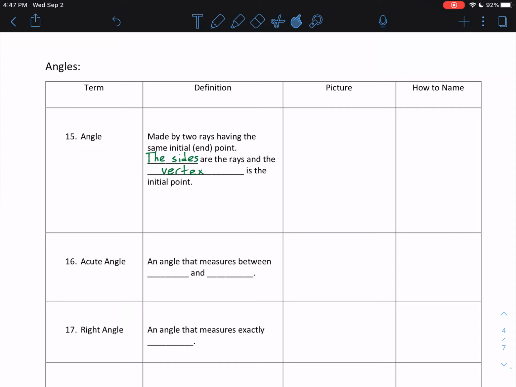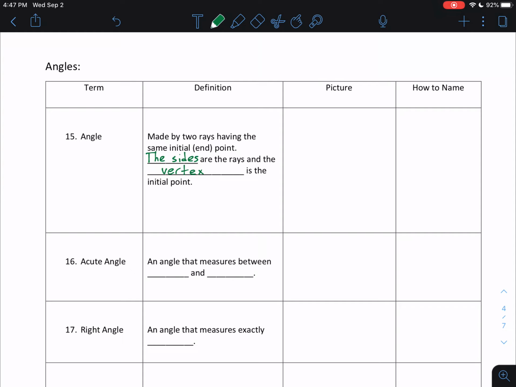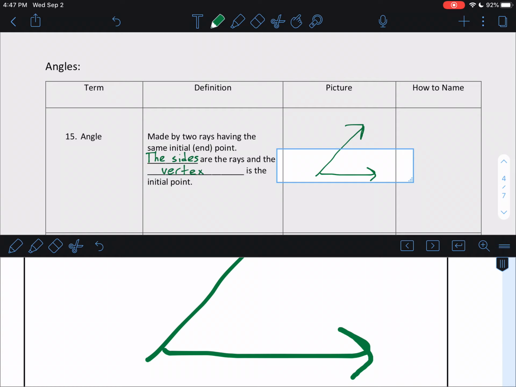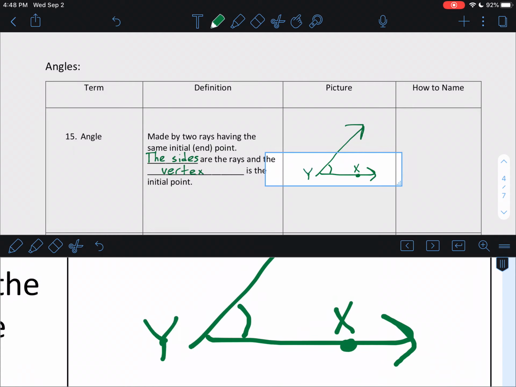I mean, you guys have seen an angle before. So let me draw an angle. So here is an angle. And it's going to have something like that. And I will also add, let's say, that's X. We're going to put Y here.